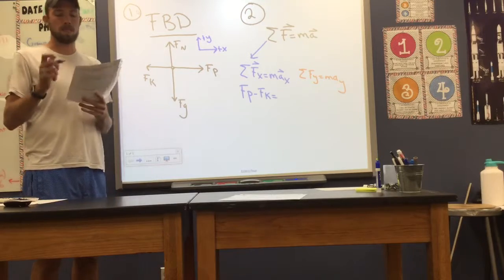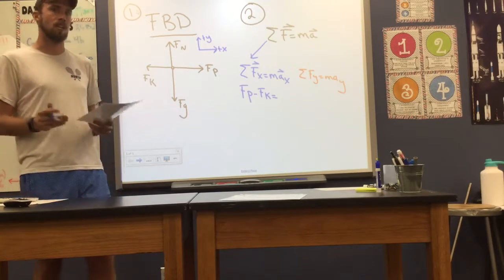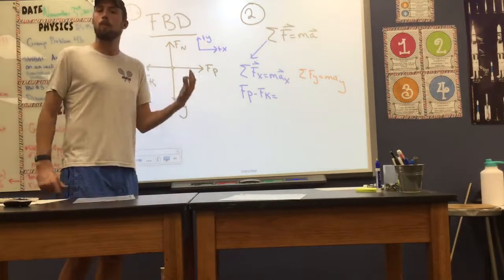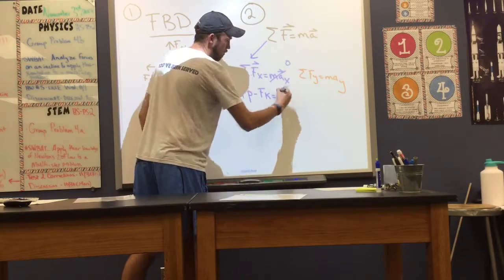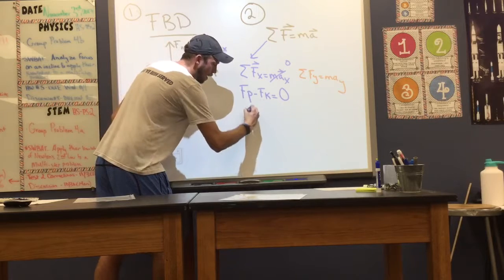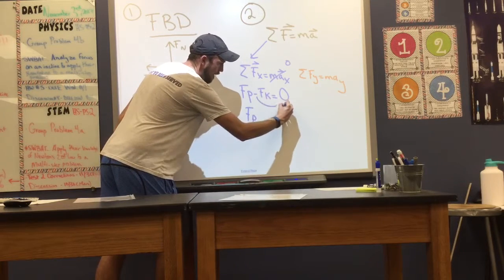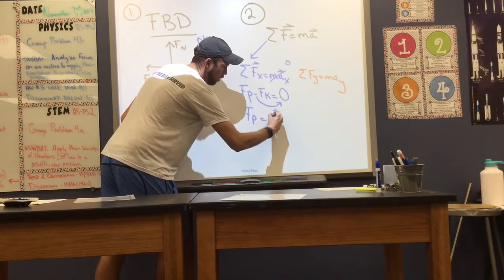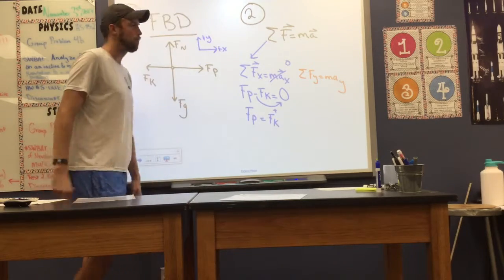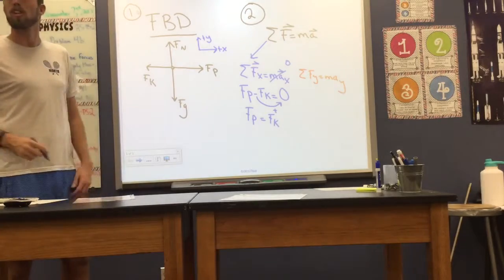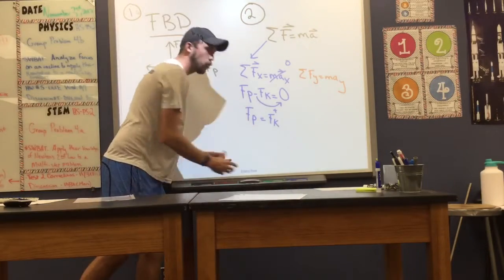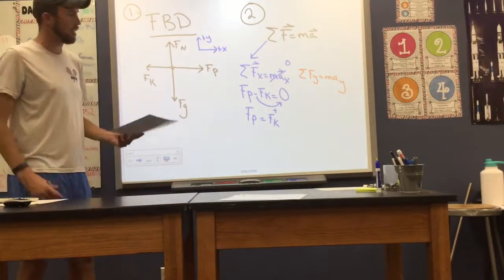But if we look back at our problem statement, it says we're going at a constant velocity. And if you remember, that's an important phrase. Constant velocity just means no acceleration. And what that tells me is that my push force, if I add this over, is equal to my force of friction. And thankfully, we know our push force. That's the 230 newtons we were told at the beginning of our problem. So that's one important relationship we're eventually going to need.